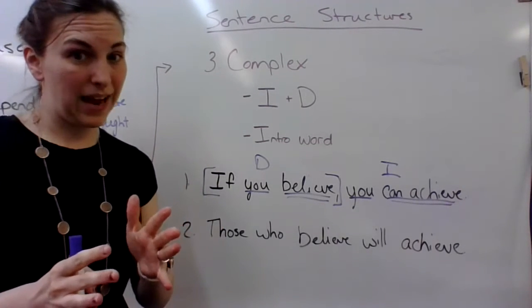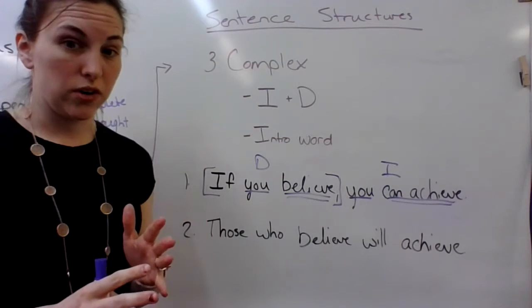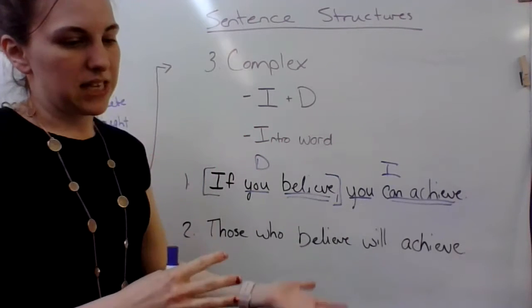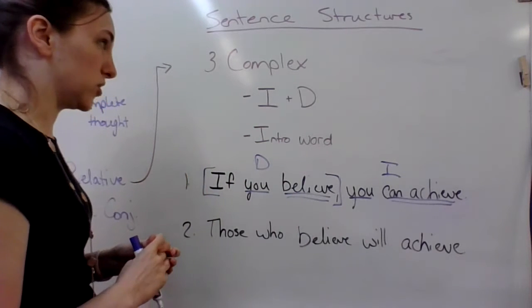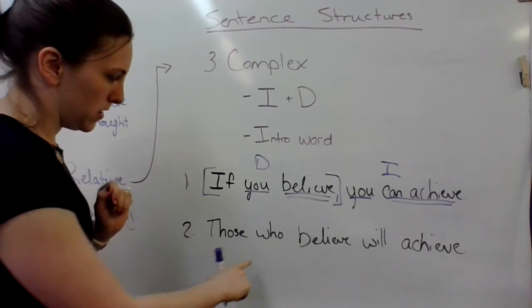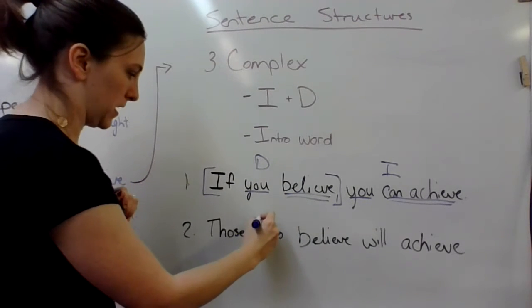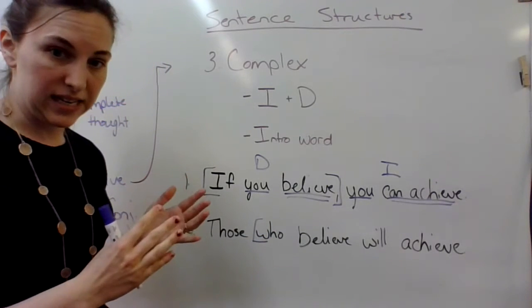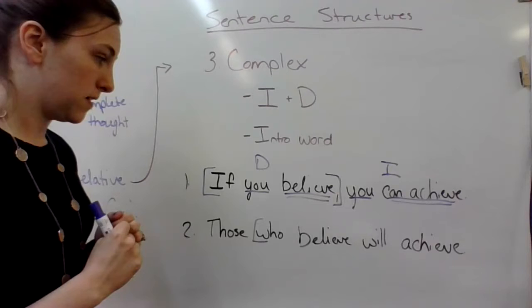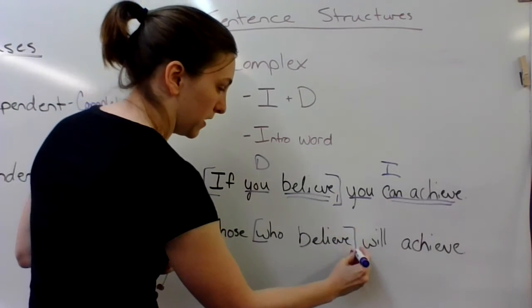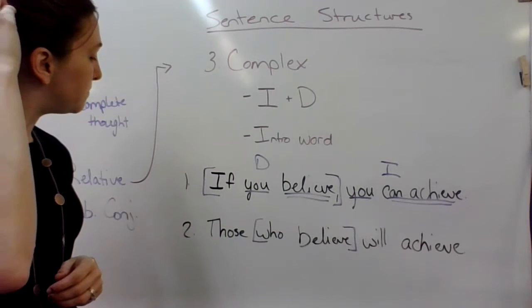This is a good point of how, if you change the sentence around a little bit, you can keep the same point but vary the sentence structure. So find the introductory word, who. I'm going to put a bracket right there. And where would it end? Take a second to look. It ends at who believe. Very simple, very easy.